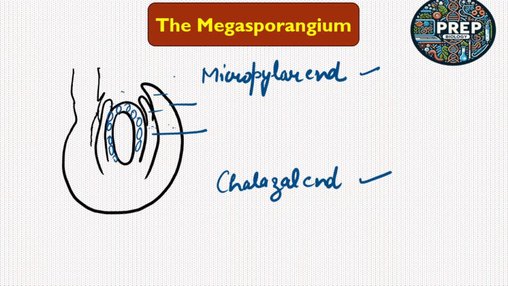You can see here, this is the part where the integuments do not encircle the nucellus. So this part is called the micropylar end. This is the small tip or opening where integuments do not encircle the nucellus. That end is called the micropyle or micropylar end.